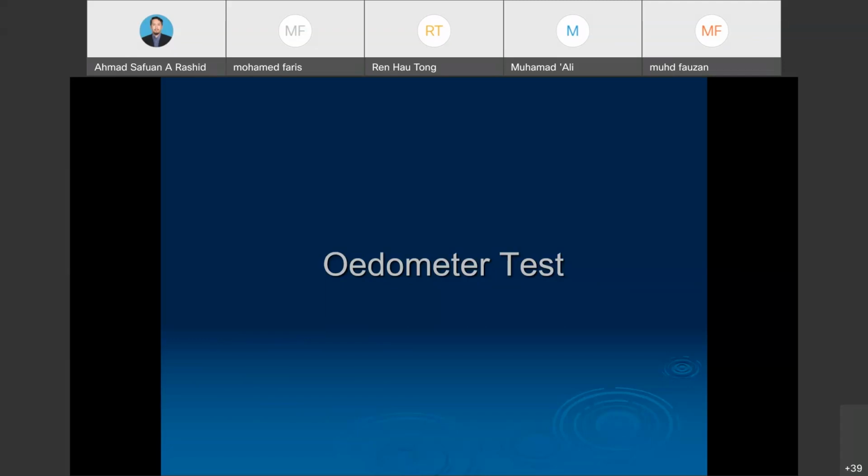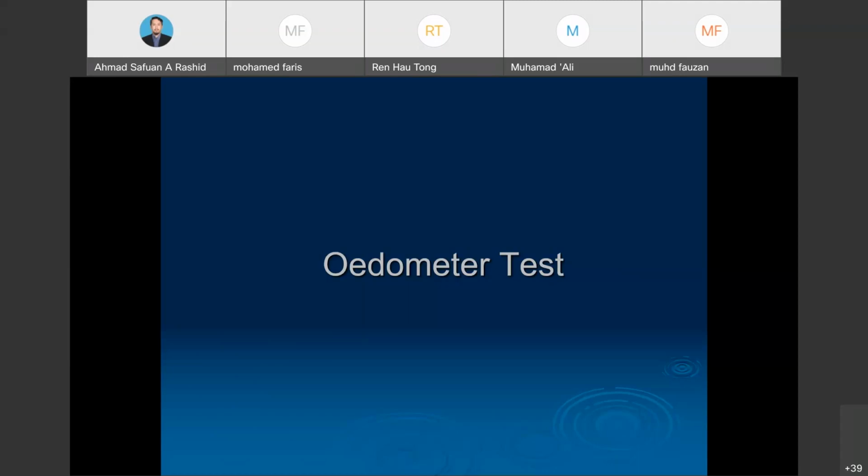We have another method, they call it the constant rate of strain test, CRS.